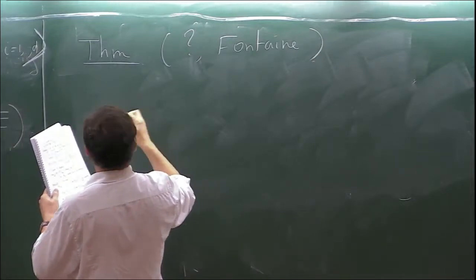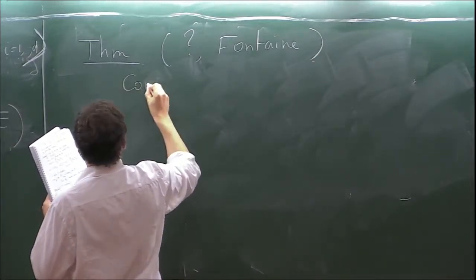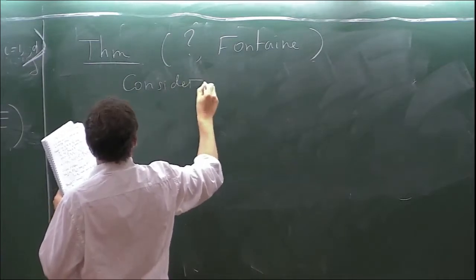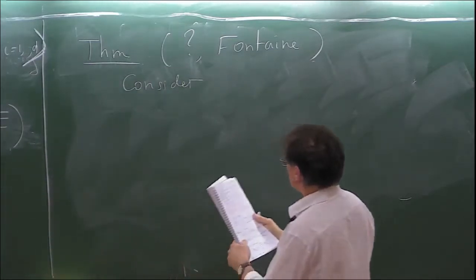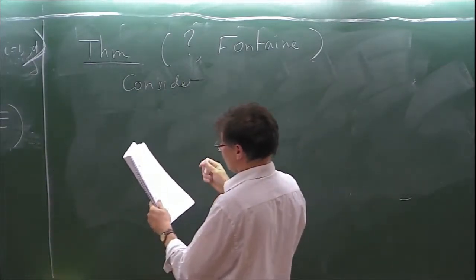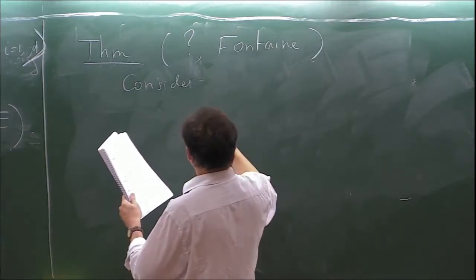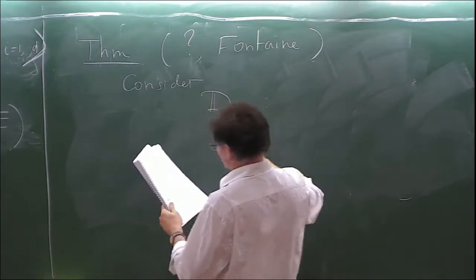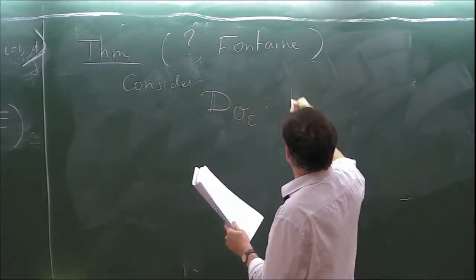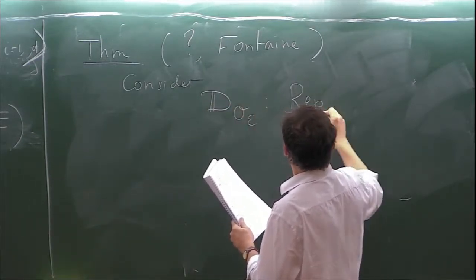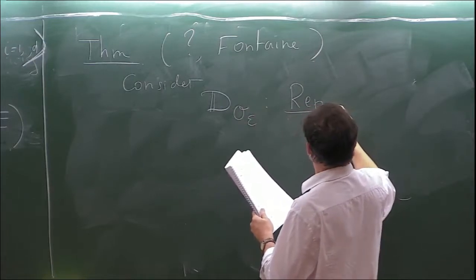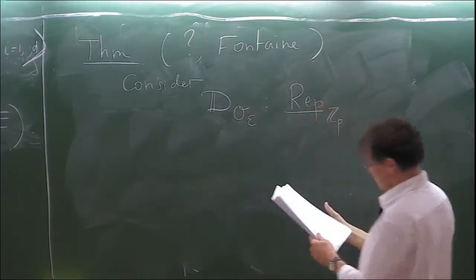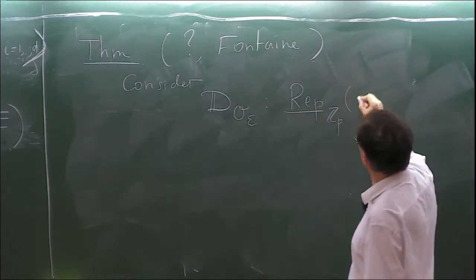Consider the following functors, say functor D, from the category of p-adic representations, so integral p-adic representations of G_K.